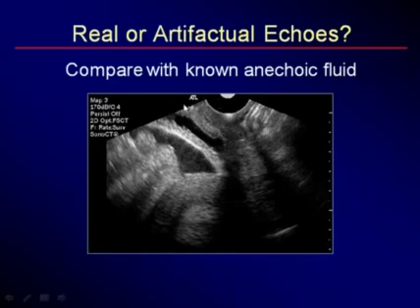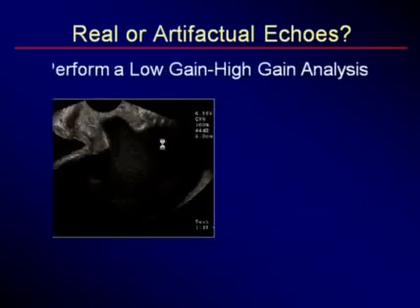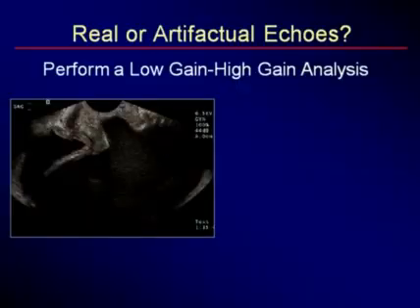Well, we compare with a known anechoic area. The bladder has clean urine, and this has echoes. Therefore, these are real, and this was hemoperitoneum. Whenever we have a fluid structure, we should do a gain analysis, a low gain, high gain analysis. There was a pelvic mass here.